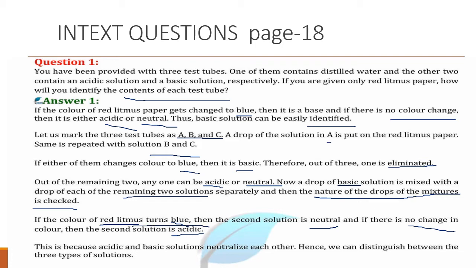Whereas by adding acid to base, the solution becomes neutral and there is no change in color, and hence the solution can be considered acidic. Thus, because acidic and basic solutions neutralize each other, we can distinguish between the 3 types of solutions.